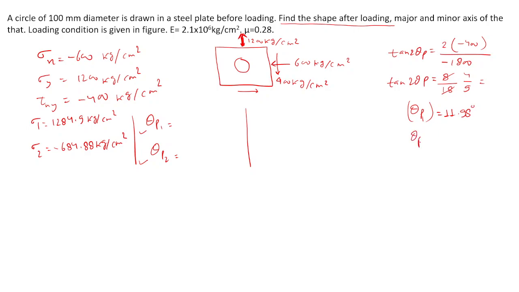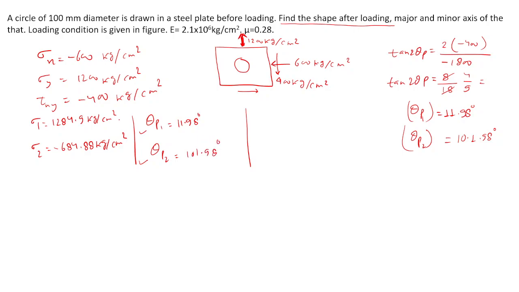And theta p2 would be 101.98, that is 90 degrees plus. Right? This would be 11.98 degrees and this would be 101.98 degrees.